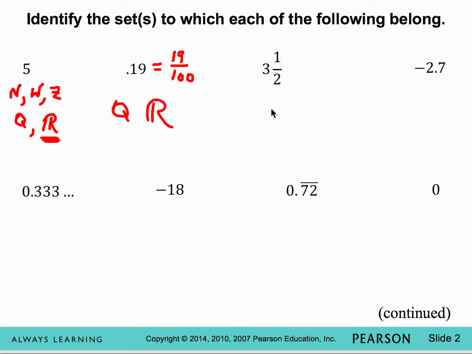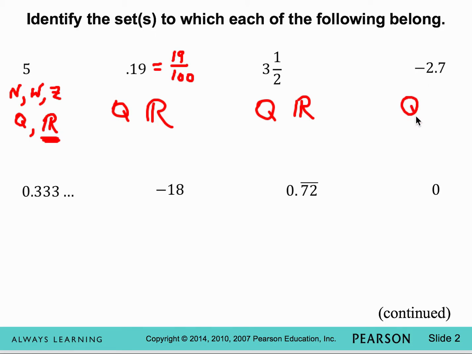Okay, this is obviously a rational number, and they're all real numbers. It's not natural, it's not whole, it's not an integer, right? Okay, same thing here. This is not a natural number, it's not a counting number, it's not a whole number, it's not an integer, it's a fraction, 2 7/10.